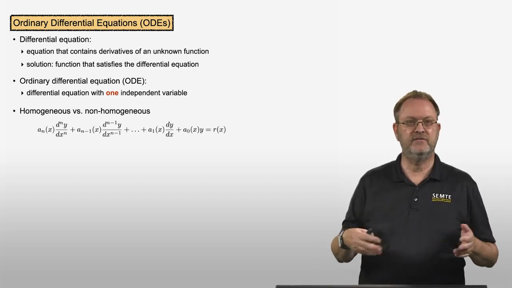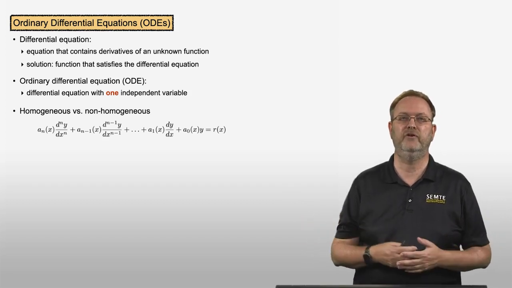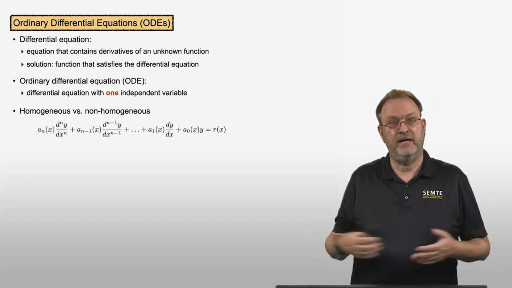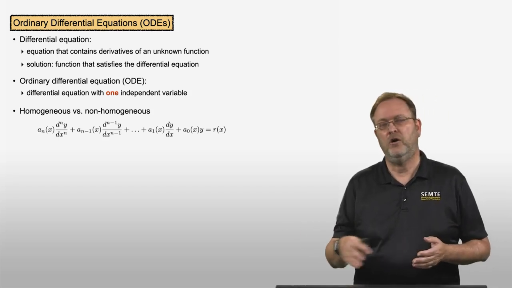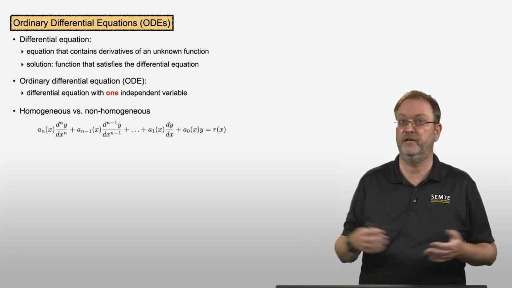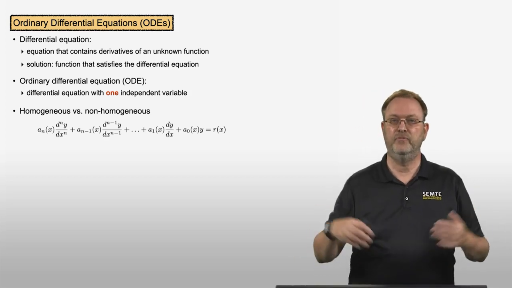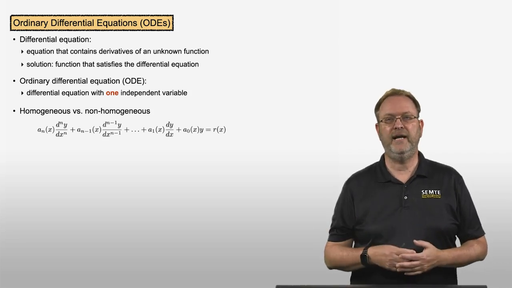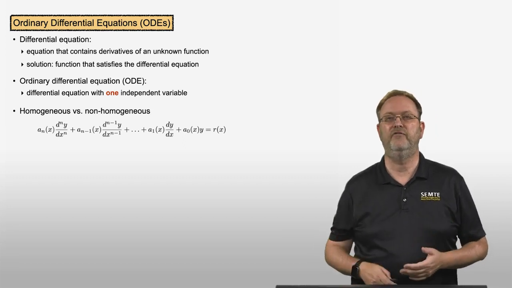Some function a sub n of x, of the independent variable, times the nth derivative of y with respect to x, plus a different function a sub n minus 1 of x times the (n minus 1)th derivative of y with respect to x, all the way to a sub 1 of x, some other function of the independent variable, times the first derivative, plus yet another function a sub 0 of x times the dependent variable y, is equal to some right-hand side function r of x.